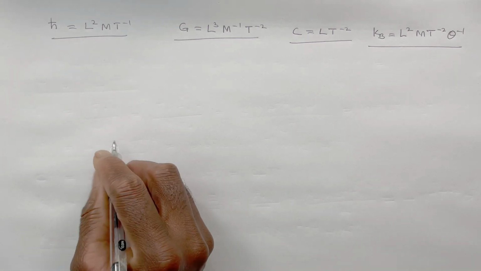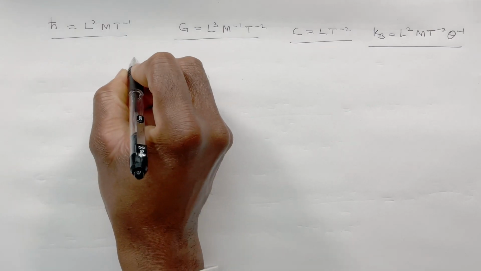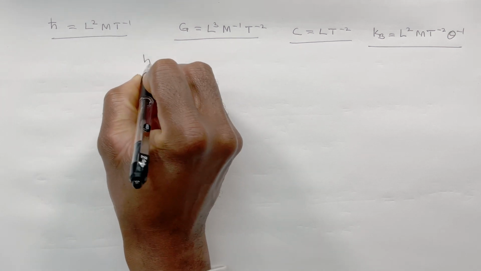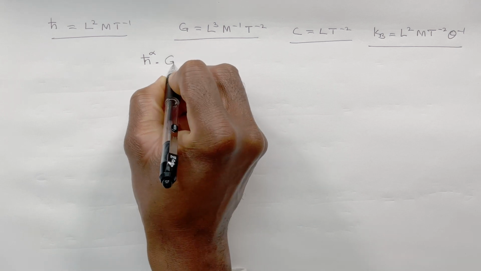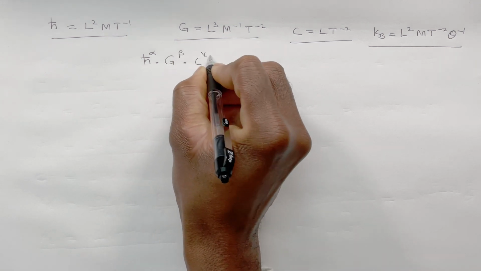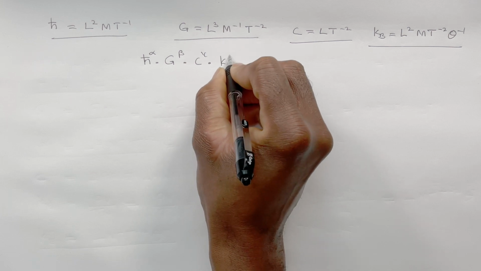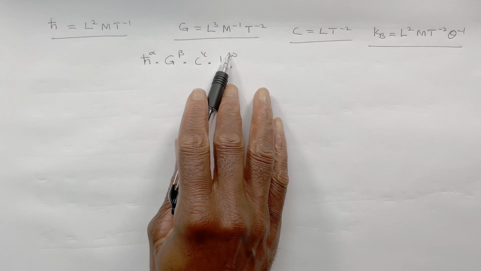And how are we going to use it? We're going to represent L, M, T and theta by using H bar to the power alpha, times G to the power beta, times C to the power gamma, times the Boltzmann constant to the power omega. So there's a power for each of these 4 values.